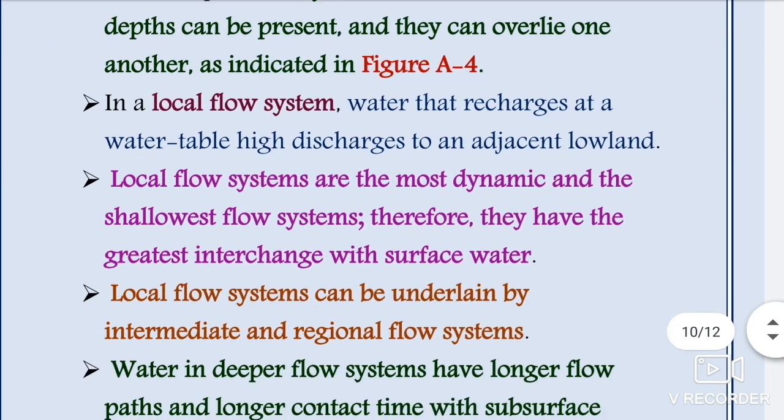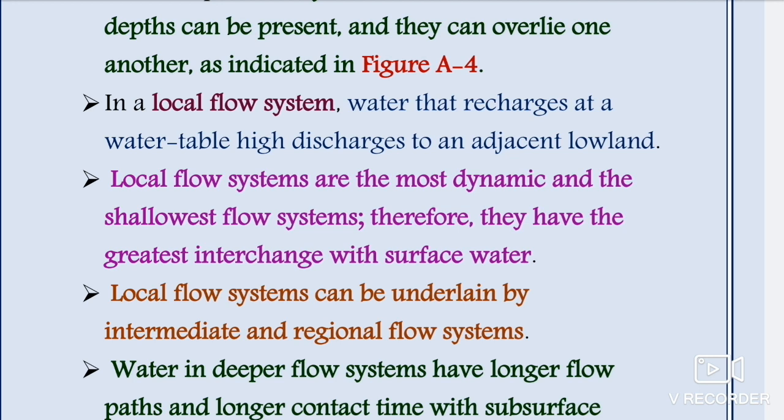In a local flow system, the water that recharges at a water table high discharges to an adjacent lowland area. Local flow systems are the most dynamic and the shallowest flow systems, therefore they have the greatest interchange with the surface water.